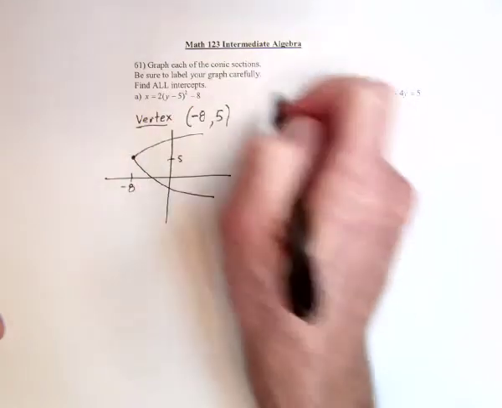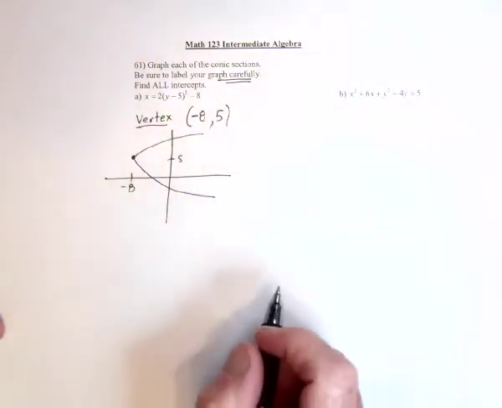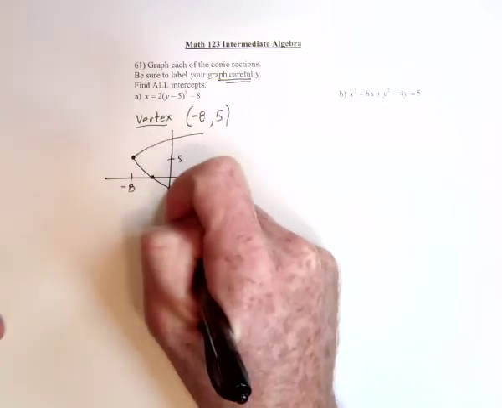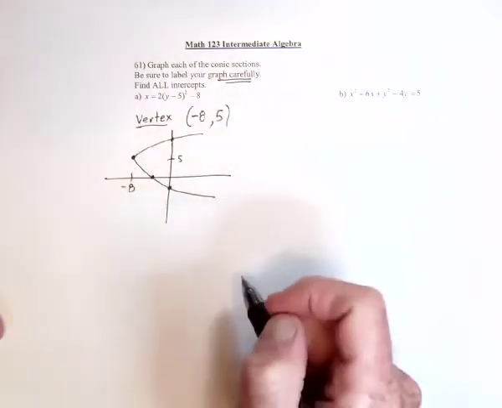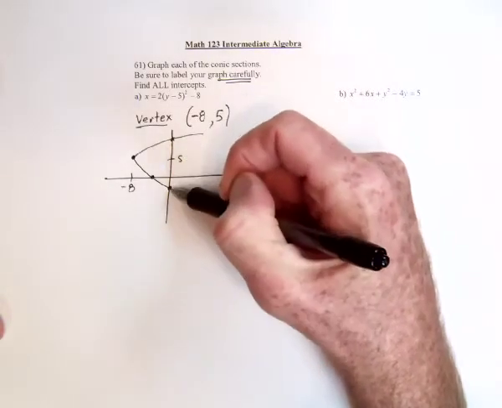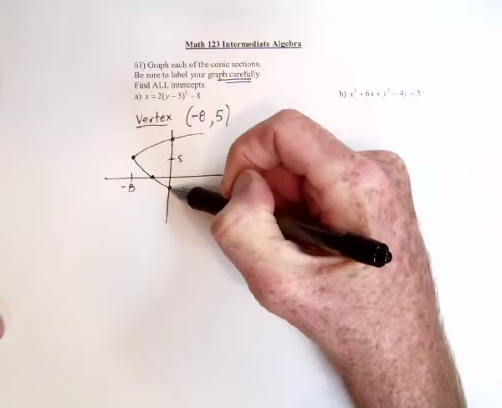Now, in order to finish this part, label the graph carefully, I need to also provide where is this point, where is this point, and where is this point. So these 2 points are y-intercepts, and that is where x is equal to 0.